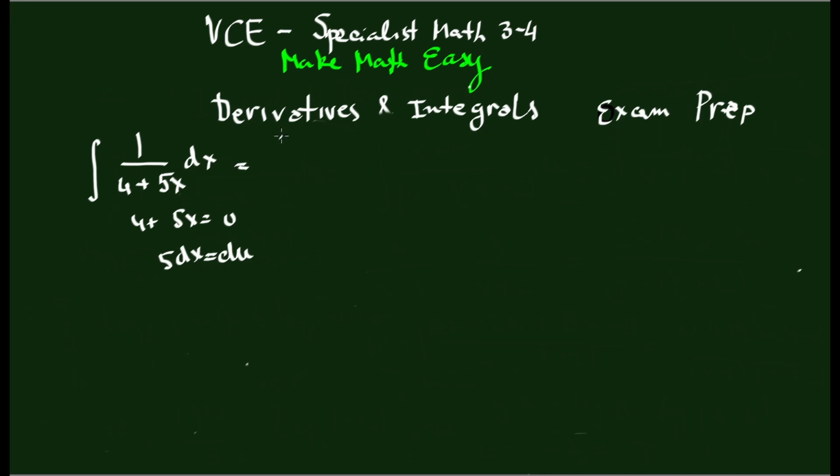So what you get, dx is therefore 1/5 of du. So you have 1/5 and 1/5 is here, and here dx is du, and there we have u.